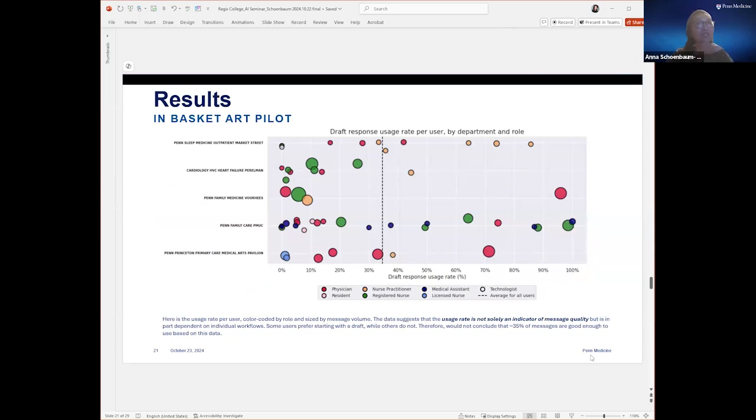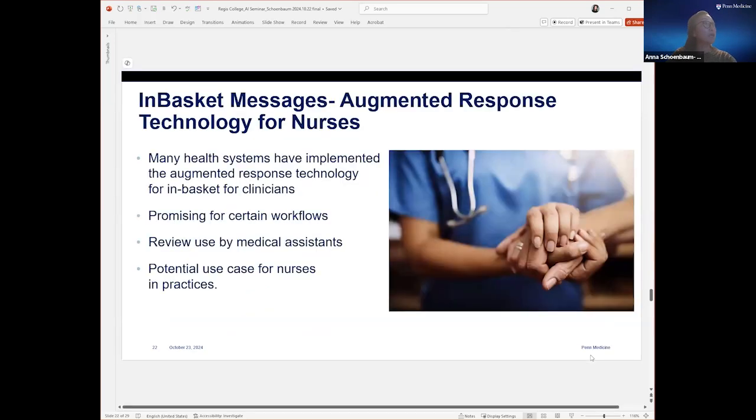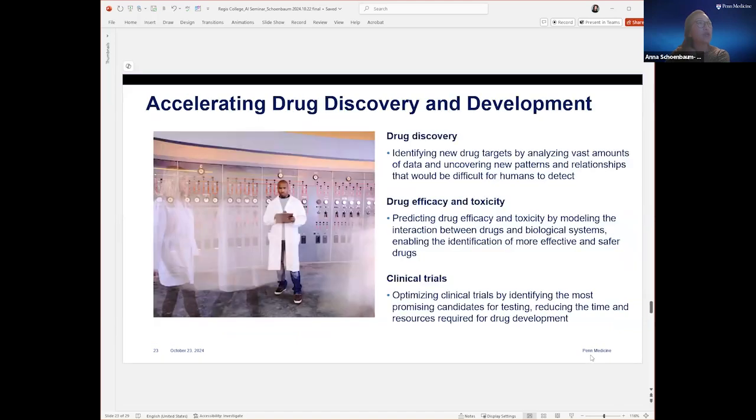And that's one of the reasons that even though it may look good, you may have to dig deeper, because they were using all the responses, sometimes whether it was appropriate or not. But it does look potentially promising. Again, you have to make sure that you have a support model and understand who it's for.